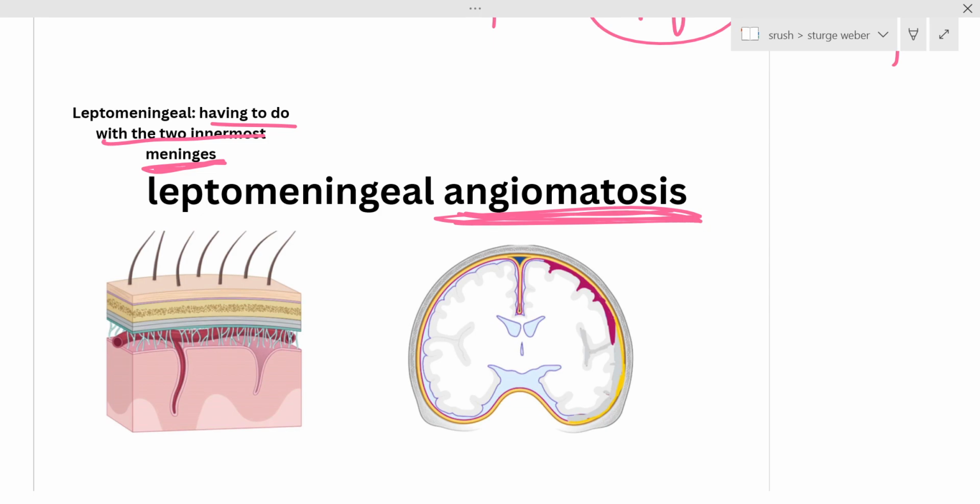Okay, there's going to be angiomas involving the two inner meninges, which are the pia mater and arachnoid mater.